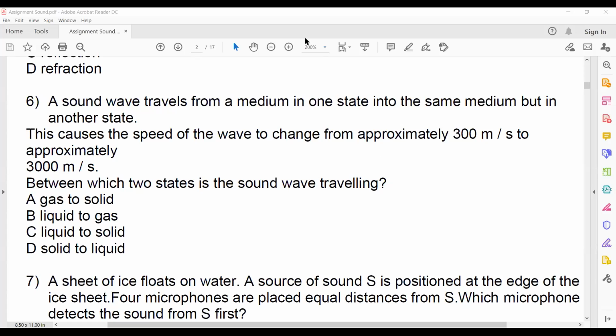Approximate speed in gas is around 330, 340. In liquid it's 1500 and in solids it's about 5000. So it's moving from gas to solid.